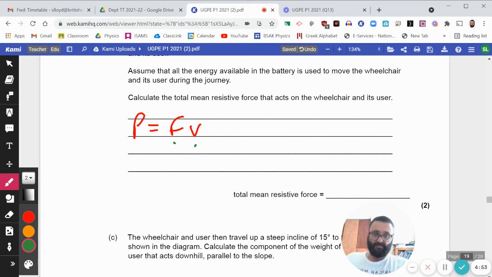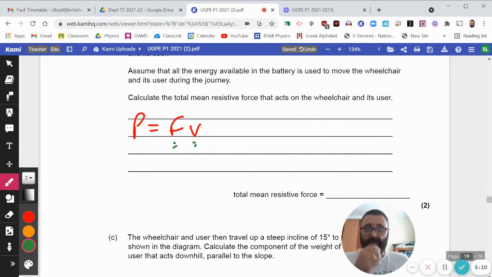That's when you use that equation, and that's where that equation comes from. So I'll just repeat, the object is moving at a constant velocity, but we still need power to overcome a resistive force.